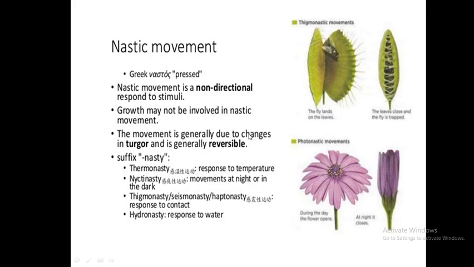The stimulus is not unidirectional but diffuse. The response is determined by the structure of the plant part and not by the stimulus. The direction of Nastic movement is determined by the anatomy of the plant part.